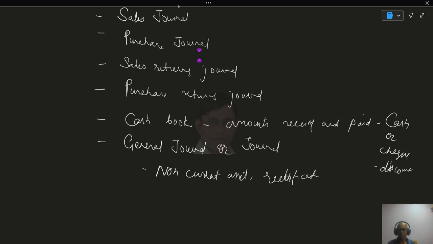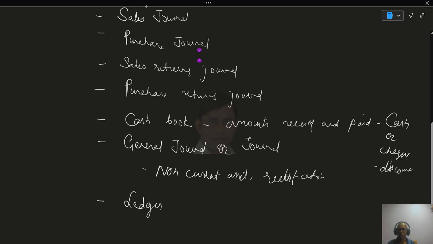Basically, whatever doesn't come in the sales journal, purchase journal, sales return journal, purchase return journal or cash book will be reflected in the general journal. We have learned how to write this, and then how to post it to the ledger.